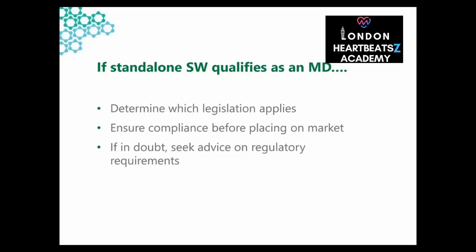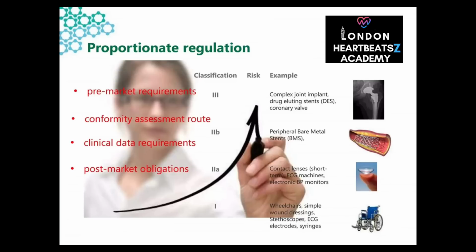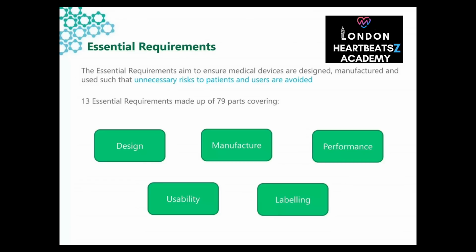It depends on the intended use and the potential risks. A simple app to track your meds might be Class I, but software that controls a drug delivery pump would likely be Class 3 because the stakes are a lot higher. So the classification determines how much scrutiny and testing is needed to make sure it's safe and effective.